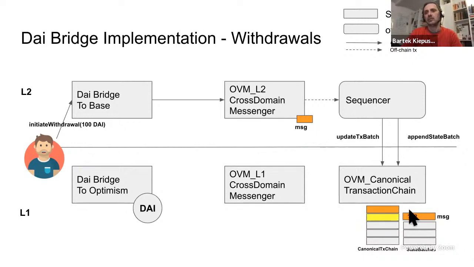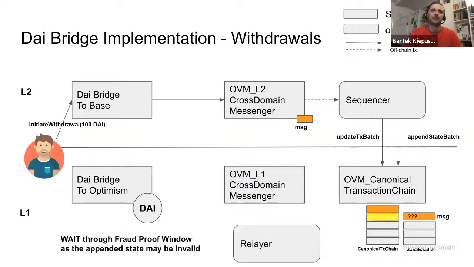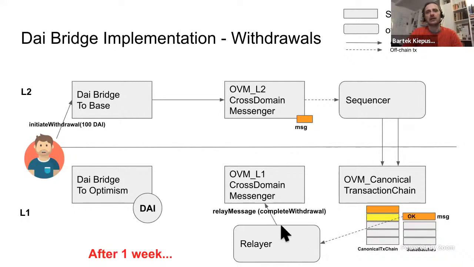And now, because we are not sure if this is correct, we have to wait, right? We have to wait through the fraud-proof window, and once that passes, anybody can pick it up and relay this message to the cross-domain messenger, right? There's this little check inside this smart contract.